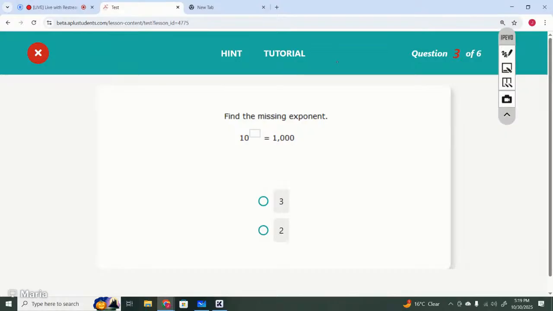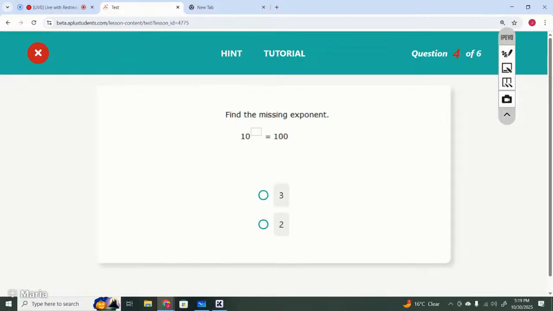Yes, 3 it is. The correct option is 3. Option number 1 is the correct option.